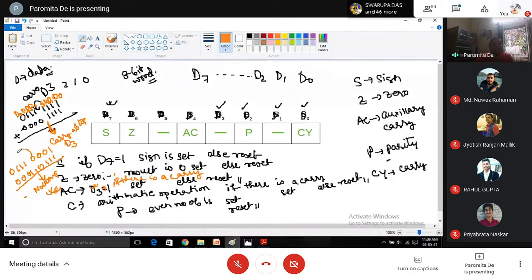This carry will go to this place when we are doing the addition. But there is a provision of an auxiliary carry in the microprocessor which checks the carry condition after the D3 bit. This is used internally by the microprocessor for all these BCD operations.